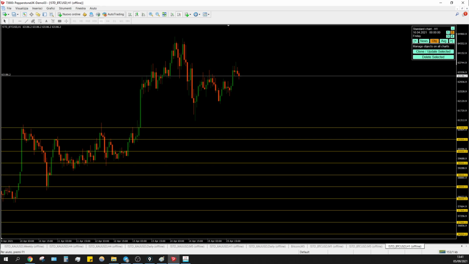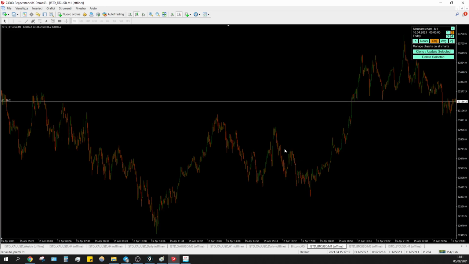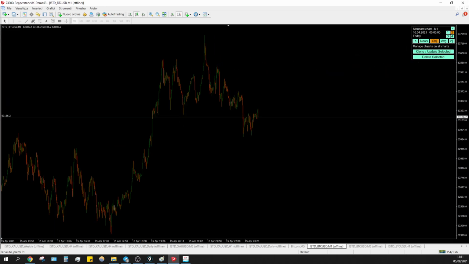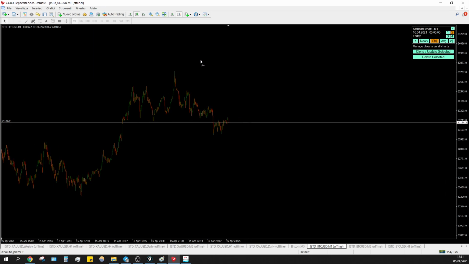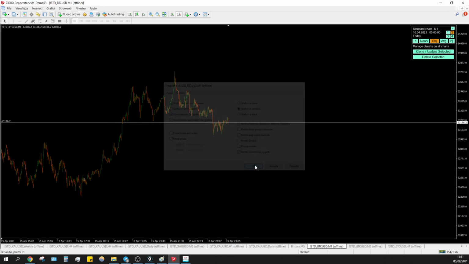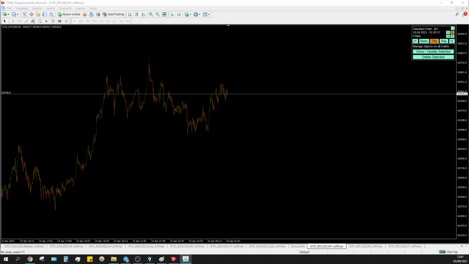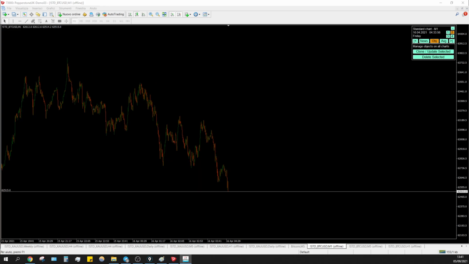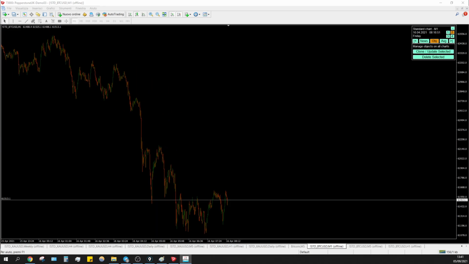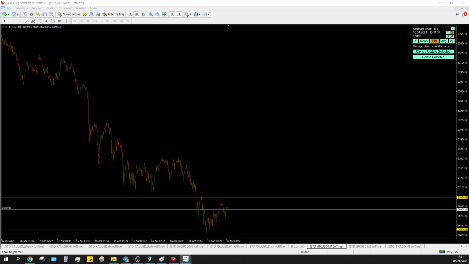You understand what I mean. Of course, now we are in a black area with no key levels. Let's see when we jump. Okay.